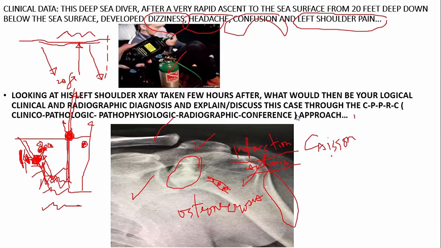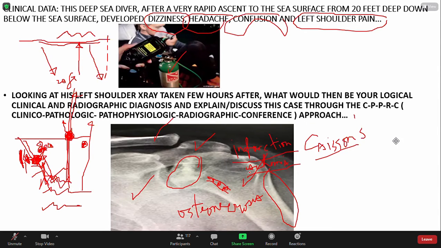Osteonecrosis can be due not just to Caisson's disease, but also to trauma, for example a vehicular accident, or old age. There are many causes, but in this patient, Caisson's disease developed osteonecrosis.